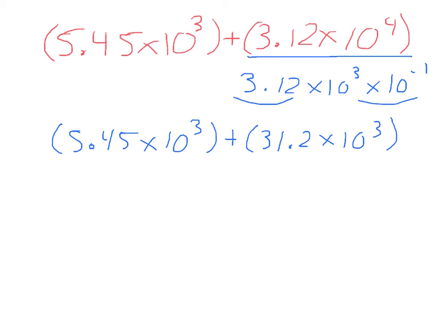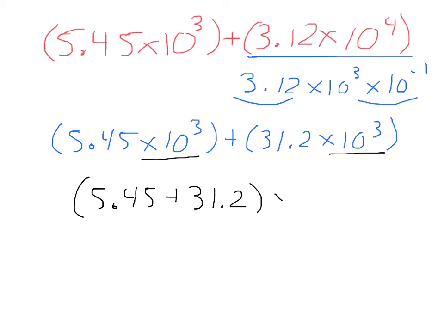And now this is a bit of a thought process of remembering the reverse distributive property. If you remember the term factor out, I'm going to factor out the 10 to the third from each of those terms, which leaves me with 5.45 plus 31.2 times 10 to the third.